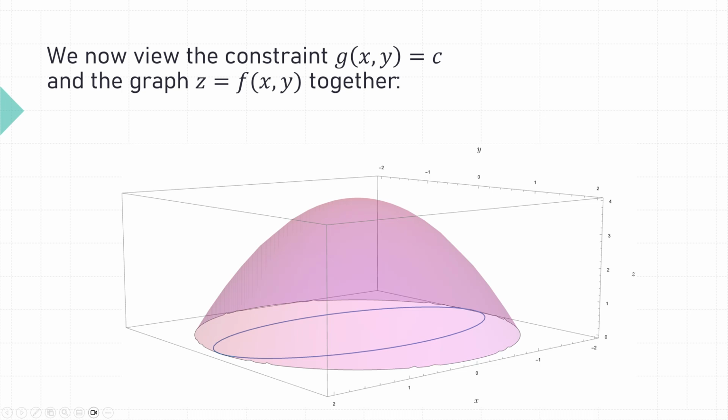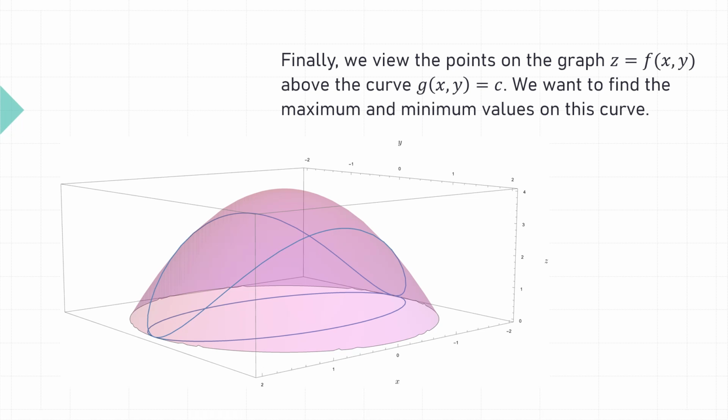So we can picture that by graphing all of the points on this surface that are above this ellipse. So we see here now, we're not trying to find the maximum over the pink. This blue curve here is the curve on the surface that sits above this ellipse. So we can see as we go along this, we're above these points on the ellipse.